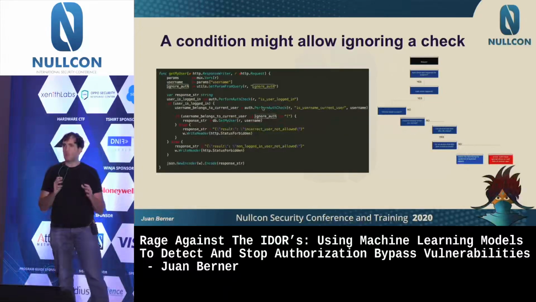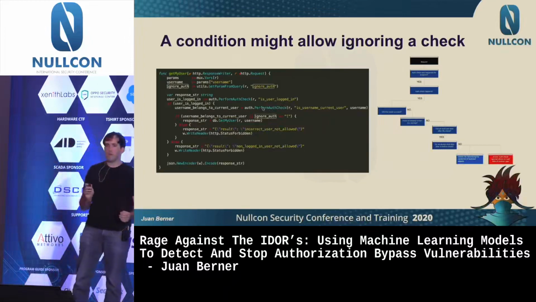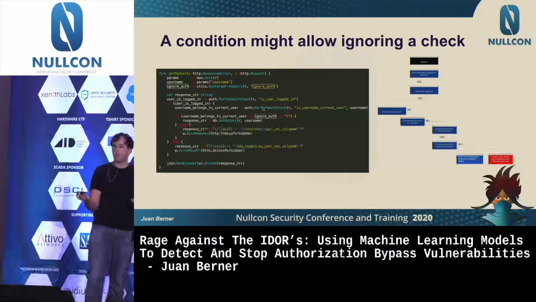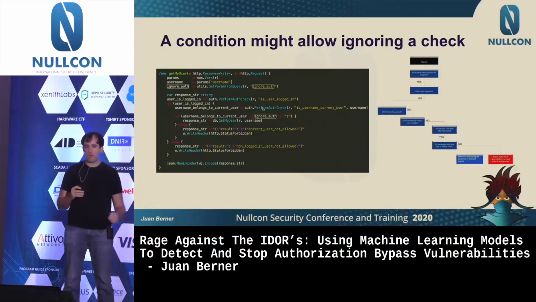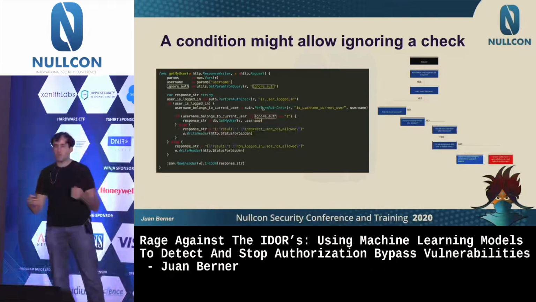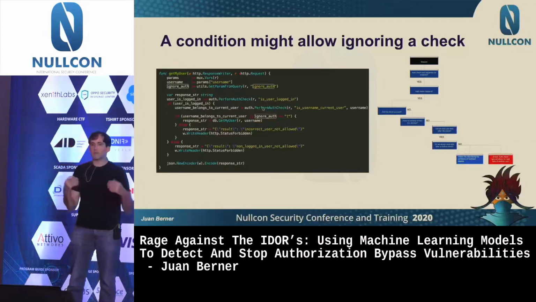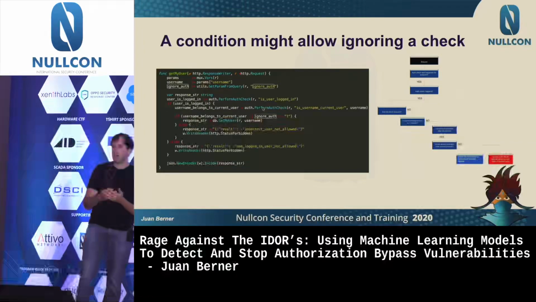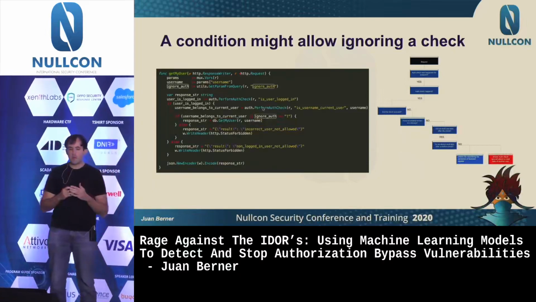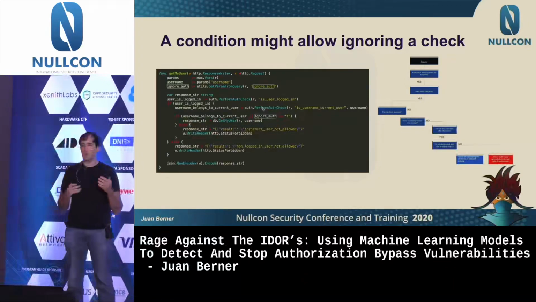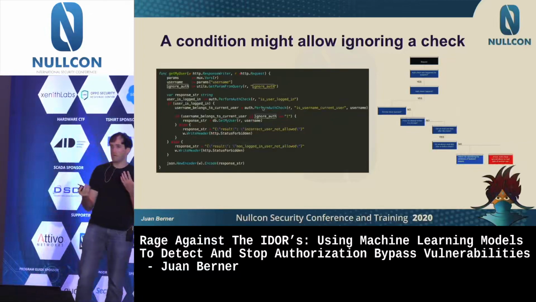So going into detail on some of them, because there are plenty, but for example, it might be a situation where a condition is ignoring a check. So in this particular code, we had some check of, is the user logged in? This is in Go. And then there's another check of, okay, can this user access the resources of the user who they're requesting? Now, there might be a condition that allows you to ignore the authorization check.